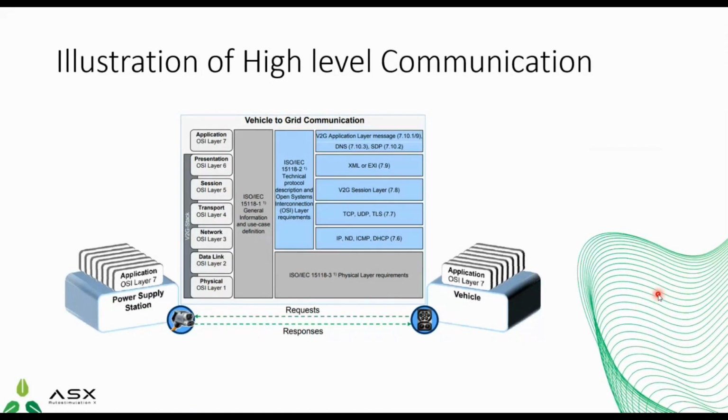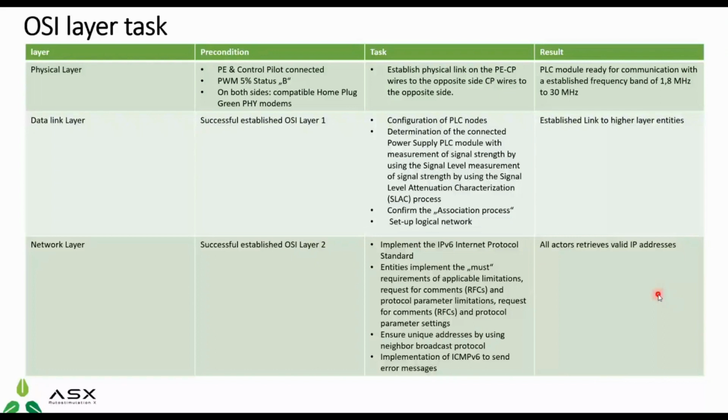The OSI model has 7 layers: physical, data link, network, transport, session, presentation, and then application. According to this, we'll see how the charging process works. At the physical layer, we just ensure that the vehicle is going into the B state.